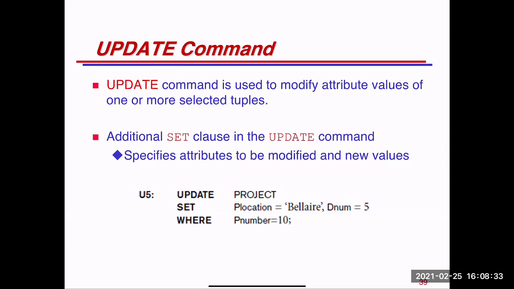Here we're updating the project table, and we're using this set clause here. We're going to set the project location to Bel-Air and the department number to 5 for all tuples that satisfy this condition here in the where clause, namely where the project number is equal to 10.